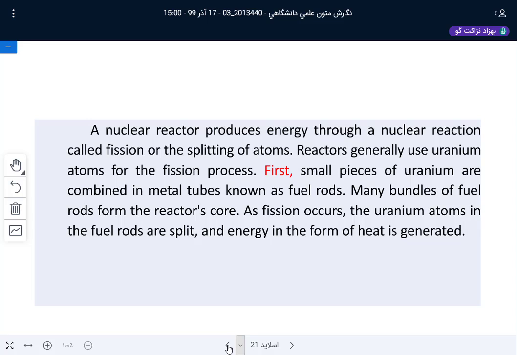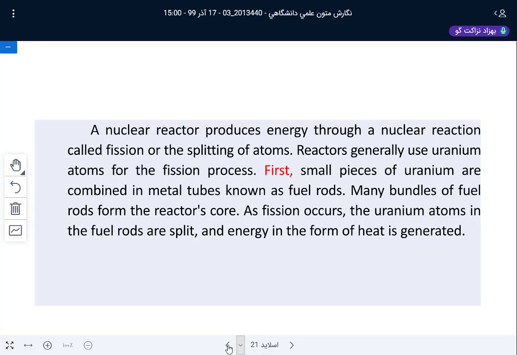Now you can verify this by adding some examples or verifications or elaborations. Let's say in order to elaborate our paragraph, we need to use different techniques. Let's see what these techniques are. Reactors generally use uranium atoms for the fission process.